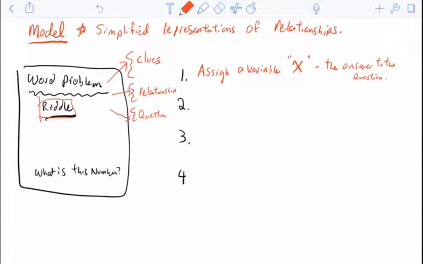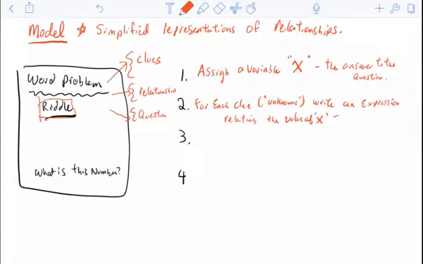For each clue, sometimes the clues are called unknowns, write an expression relating the value of X to the clue.